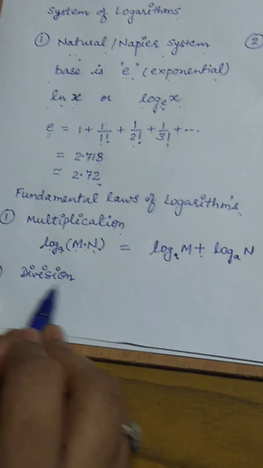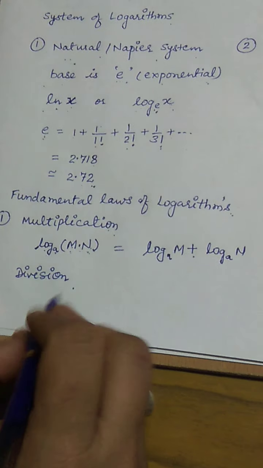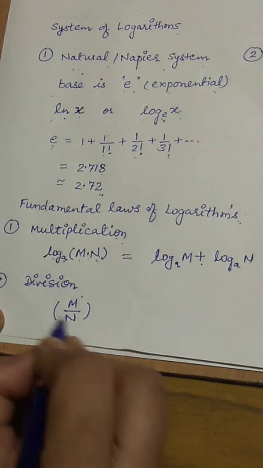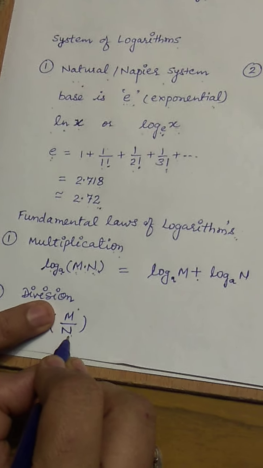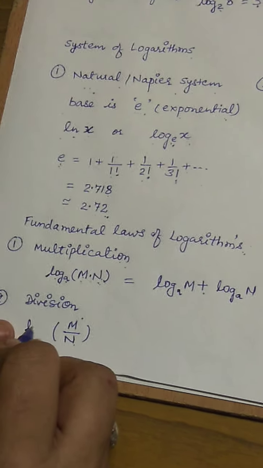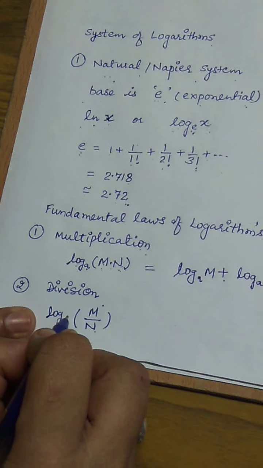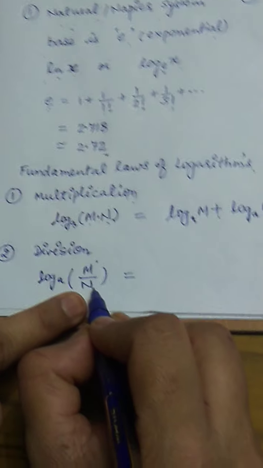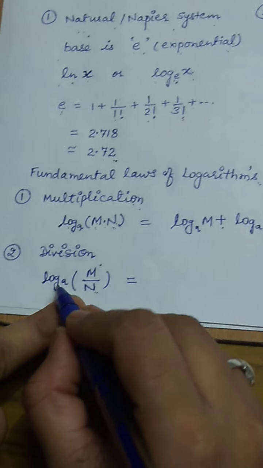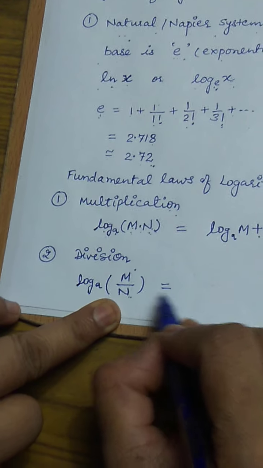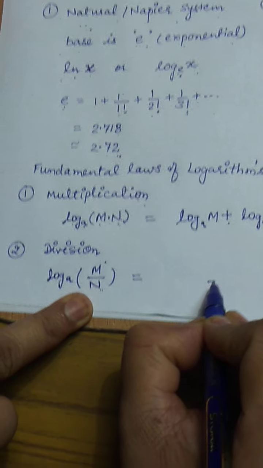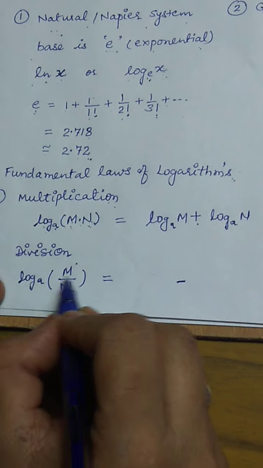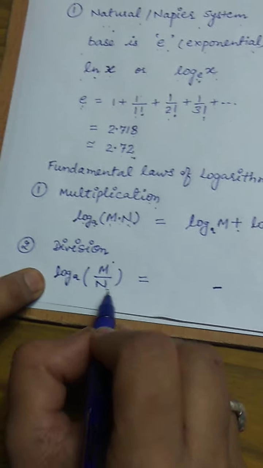And next is the division law. If there are two factors which are getting divided, m is divided by n here, how do we write their log? In the logarithmic form they get subtracted, or the difference of individual logs is written.